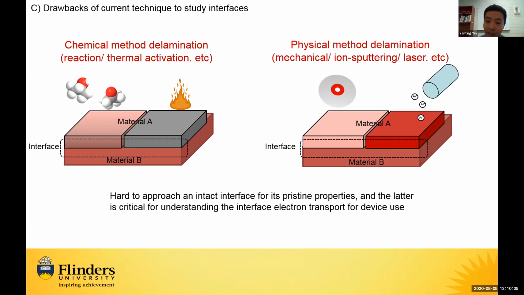However, what happens is you can never get pristine properties from material B, because you can't guarantee that no damage happens to material B when you introduce the different methods of de-lamination.